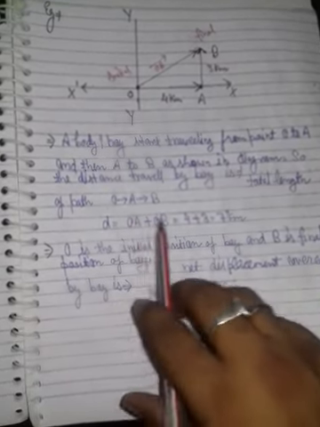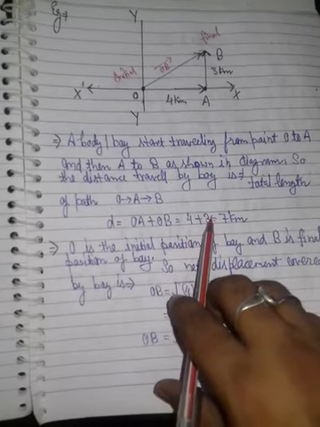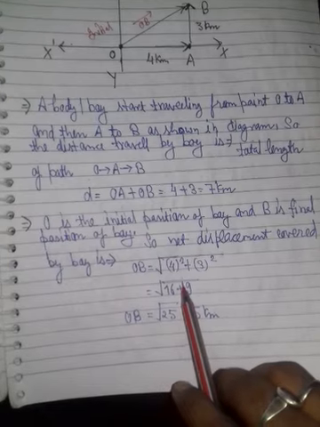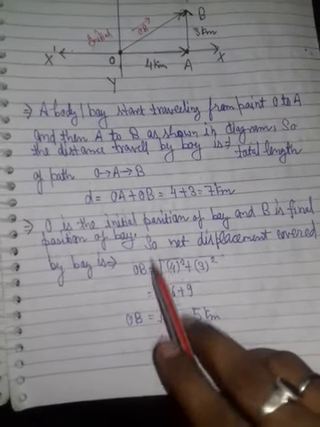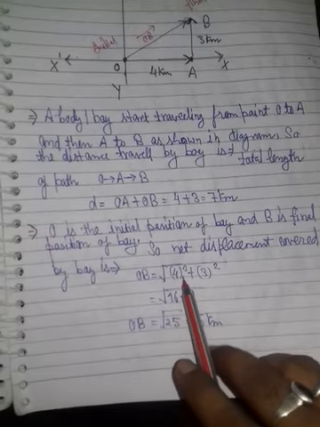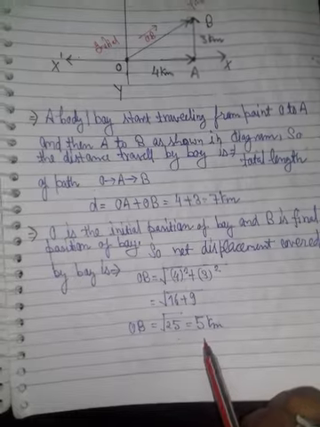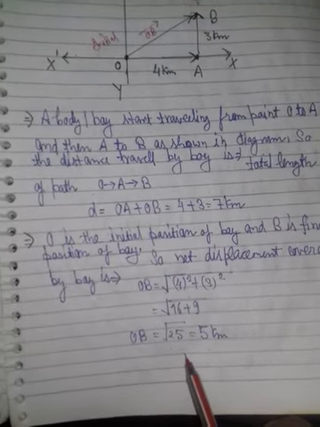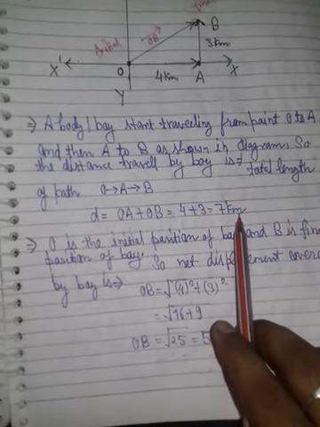In the algebraic sum we directly add the distances covered by the object, so it is 7 km. For displacement we use the Pythagoras theorem: OB equals root of 4 square plus 3 square, equal to root 25, that is 5 km. So the displacement is 5 km and the distance covered by the object is 7 km.